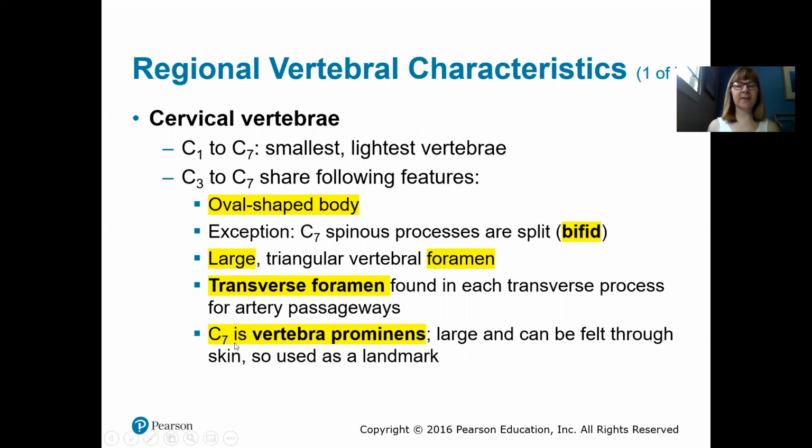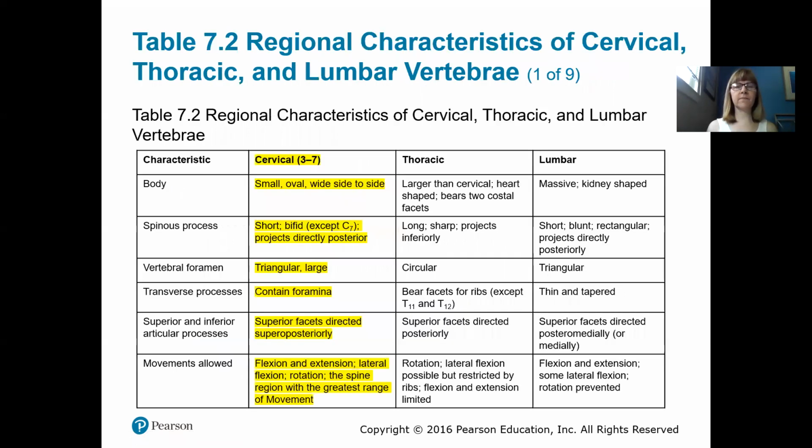And then C7, that last one, has a really tall process. And it's actually the tallest of all of our vertebrae. So that's kind of a landmark. So cervical vertebrae are very unique compared to all the others. This is table 7.2 in your book, and it's very helpful. You should definitely refer to this chart a lot.